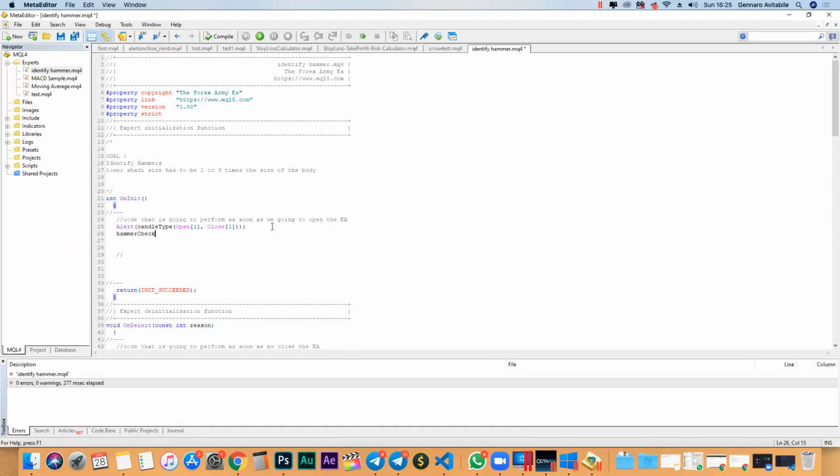Right, hammer check. So we need an integer. It's going to be the candle type. So let's just do candle type. And no, I don't think it's a good idea. Candle T and the ID. You know what, let's do something.